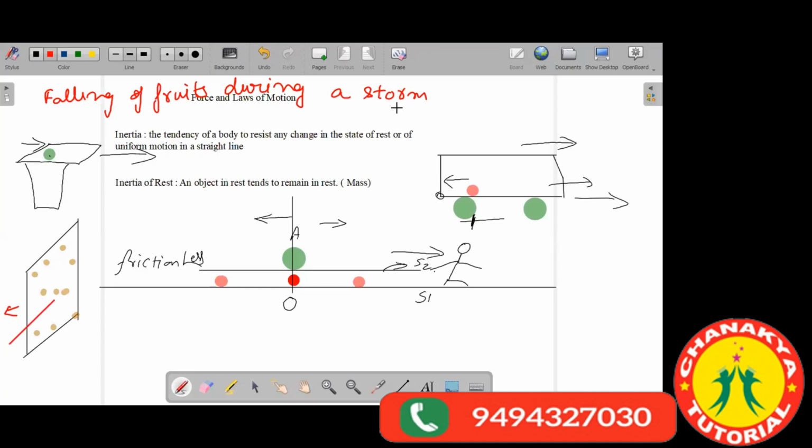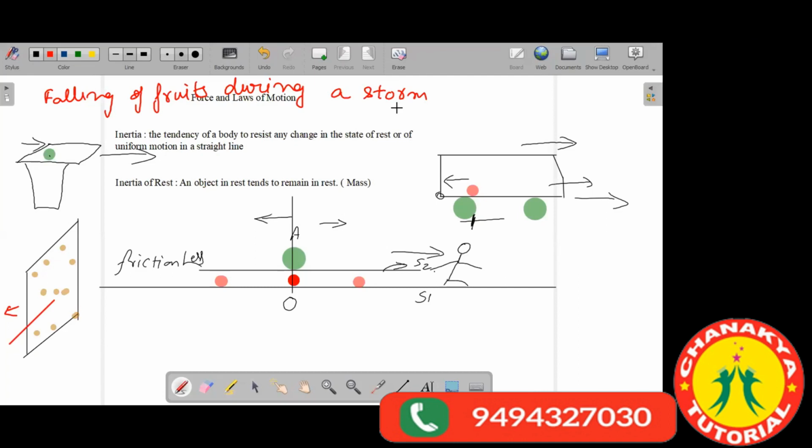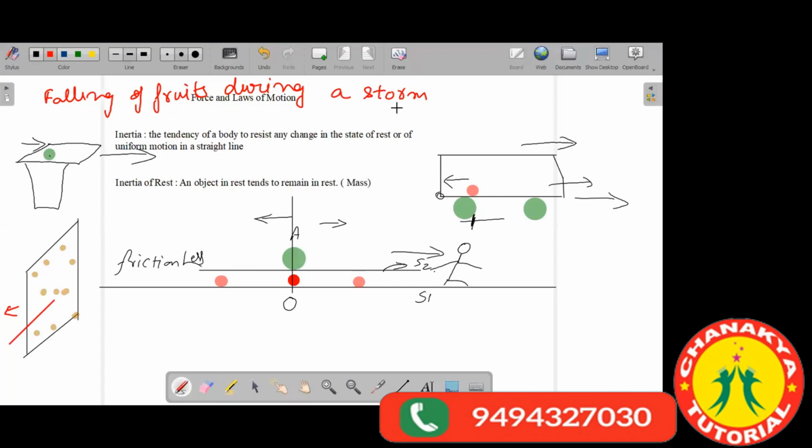I'm talking of the fruits. The fruits are having the inertia of rest. They are not moving, but the branches are moving. Is it because the branch is in motion and the fruits are at rest? Yes, the fruits are at rest and the branches start moving, that is what happens during the storm.